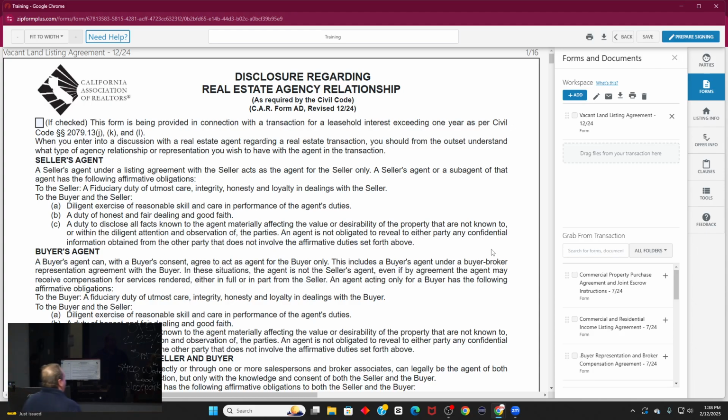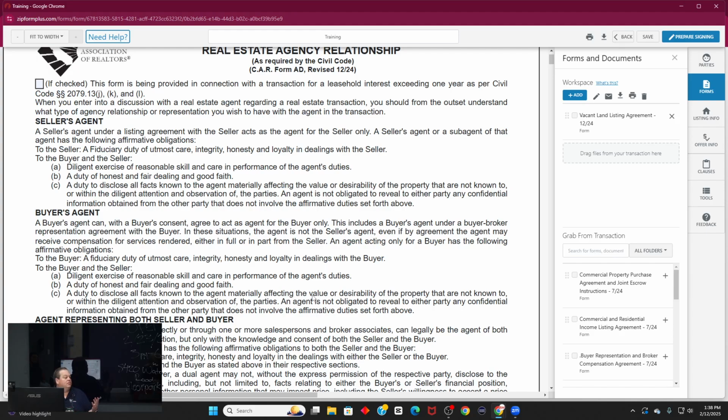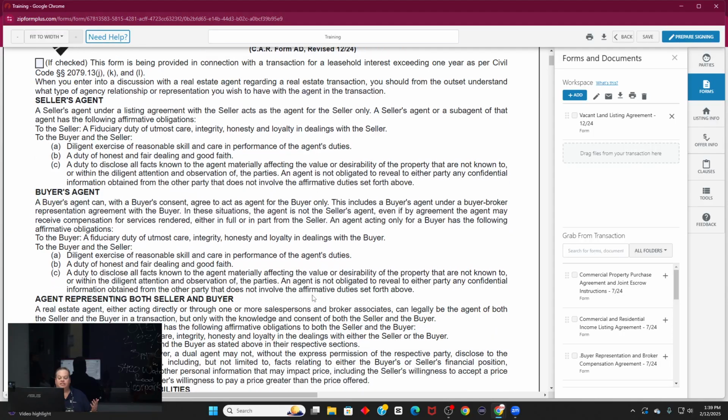There are three types: sellers, buyers, and dual agency. And all three are legal in the state of California, but it does not confirm the actual relationship. It's just telling the seller or the buyer that we owe you a fiduciary obligation in the state of California.